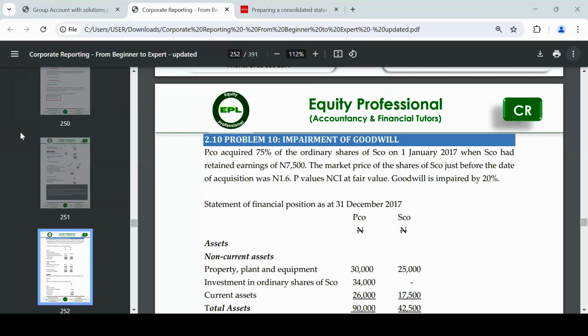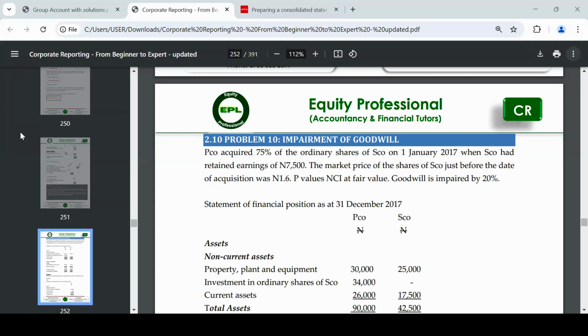PICO acquired 75% of the ordinary shares of ESCO on January 1, 2017, when ESCO had retained earnings of 7,500. The market price of the shares of ESCO just before the date of acquisition was N1.60. PICO values NCI at fair value, and we still have the same situation where goodwill is impaired by 20%. Now pay attention to what I want to show you here.